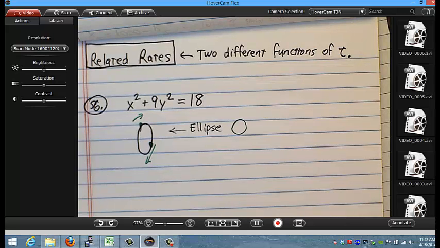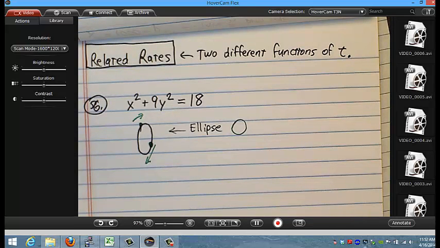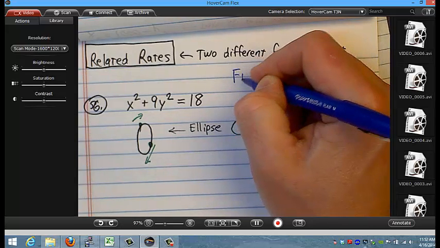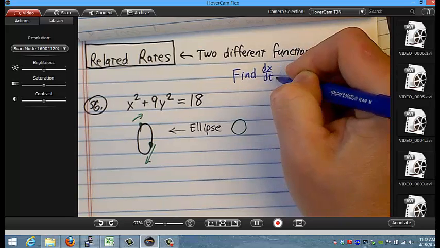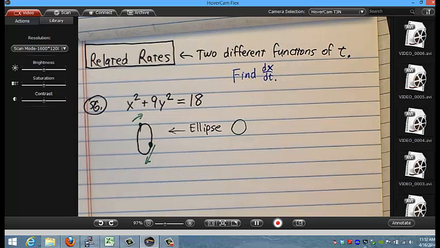So now, they give me a few details. Problem 56 asks me to do the following. It says, find dx dt. That's what I'm supposed to do. Find how x is changing with respect to time.